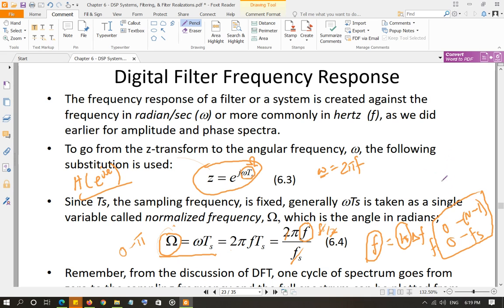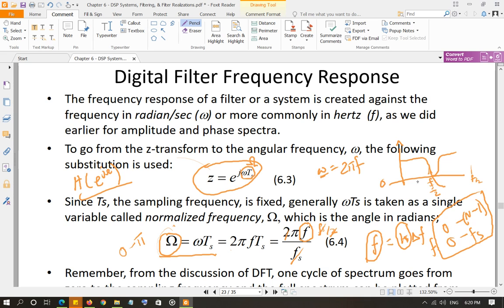So let's say you have a low pass filter. The low pass filter response is something like this. If this is your digital filter response plotted against frequencies, it goes from 0 to fs by 2. That's your complete response. And from fs by 2 to fs, it is going to be the mirror image of that, so it goes something like this.